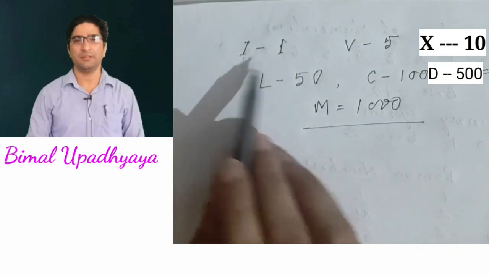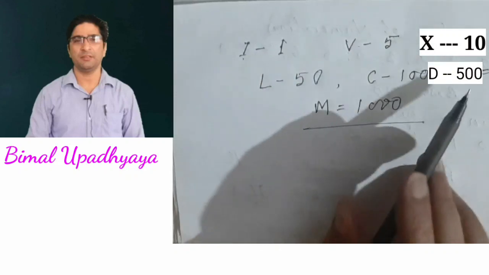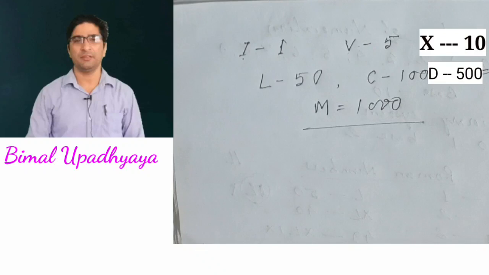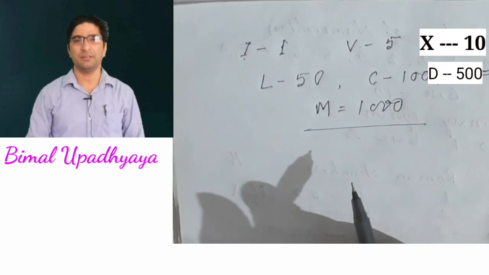We have 7 symbols in Roman numerals. By using these 7 symbols, we can express all the numbers.